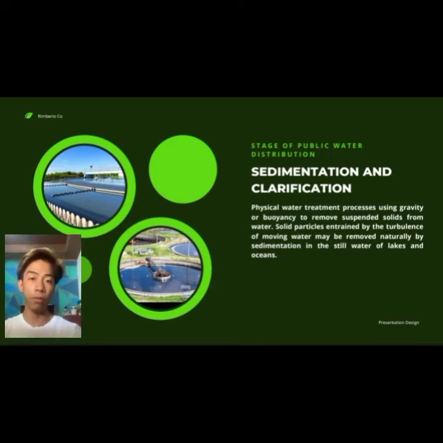Sedimentation and clarification. A physical water treatment process using gravity or buoyancy to remove suspended solids from the water. Solid particles entrained by the turbulence of moving water may be removed naturally by sedimentation in the still water of lakes and oceans.